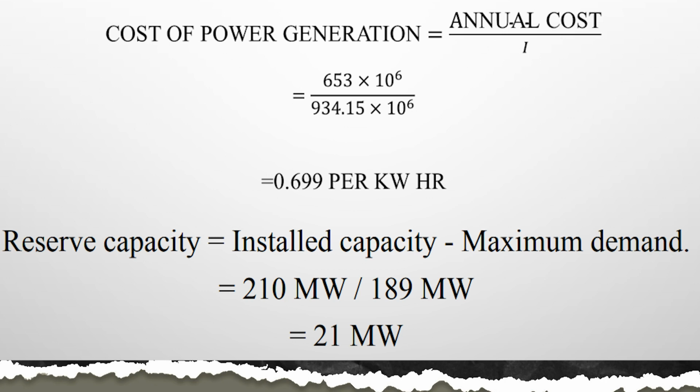This is very simple. So, 21 megawatt is the reserve capacity of the power plant. So, these two answers we have: the reserve capacity of the plant, and the cost of generation, which is 0.699 per kilowatt hour. So, we have seen this problem on costing of power generation.